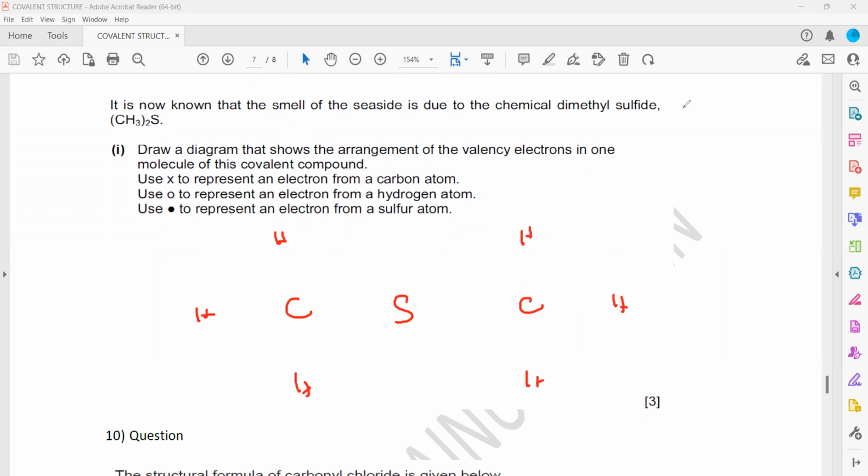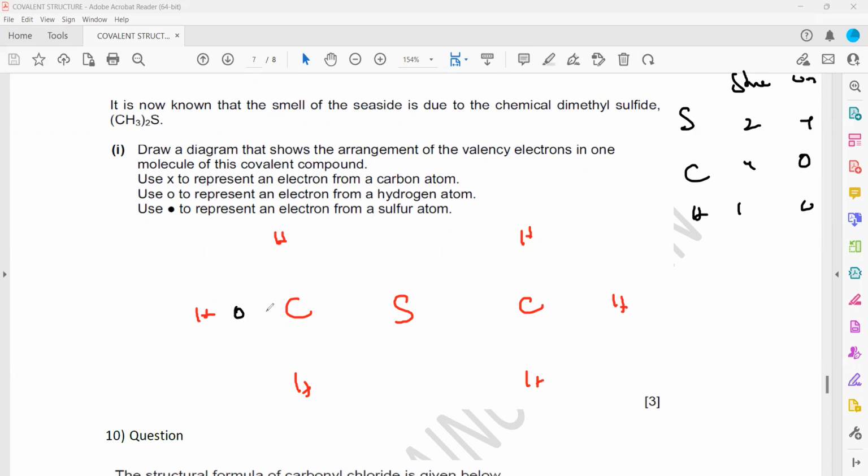Sulfur belongs to group 6, so it will share 2, and unshared will be 4. Carbon belongs to group 4, so share 4, unshared will be 0, and hydrogen shares 1 and unshared will be 0. Cross for carbon, circle for hydrogen, and dot for sulfur.